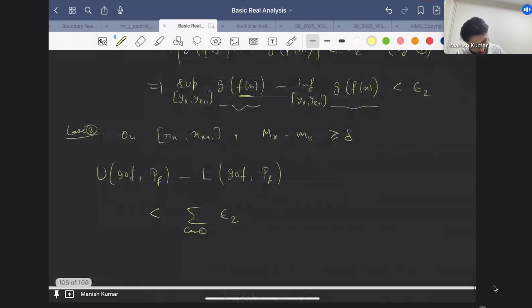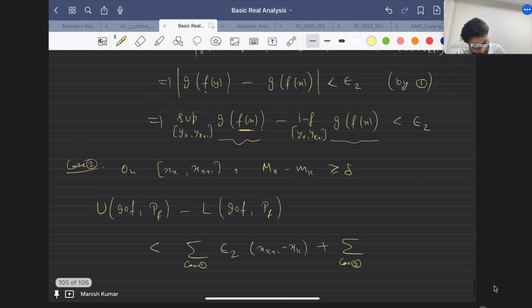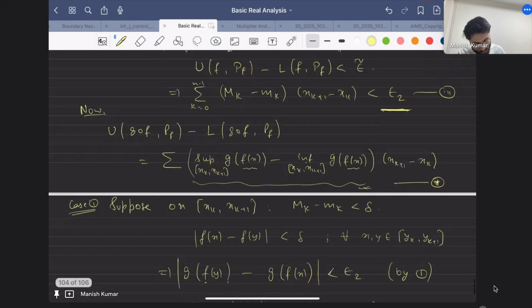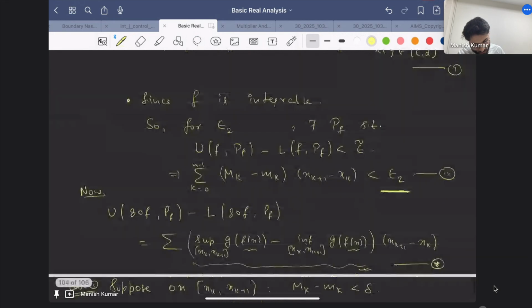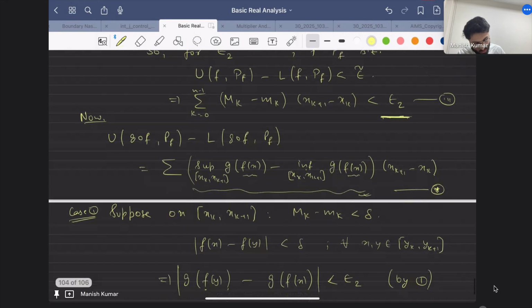Now for case 2, what I have is this is greater than or equal to delta, but I also have that g is a bounded function. So now I can say that this whole quantity is bounded by something. Okay, so I can say this is less than c.